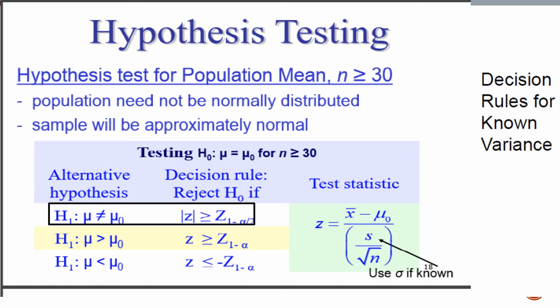If our alternative hypothesis is that the true mean is not equal to the hypothesized mean, then our decision rule is to reject the null hypothesis if the absolute value of computed z is greater than or equal to the critical value of z. We use sigma instead of s if it is known.